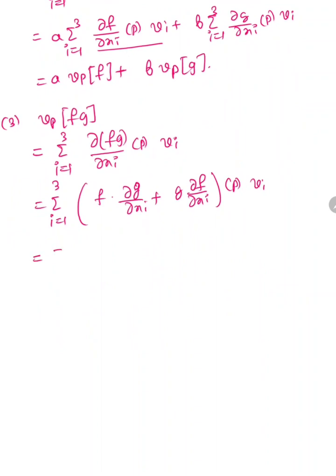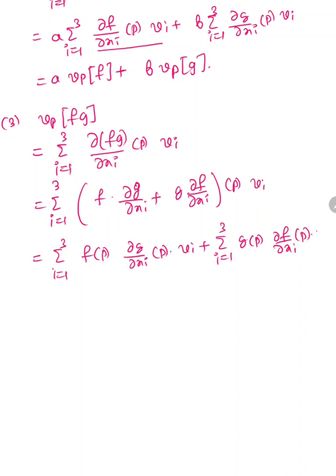So this is equal to the summation i equal to 1 to 3 of f of p dou g by dou xi at the point p multiplied by Vi plus the summation i equal to 1 to 3 of g of p dou f by dou xi at the point p multiplied by Vi.